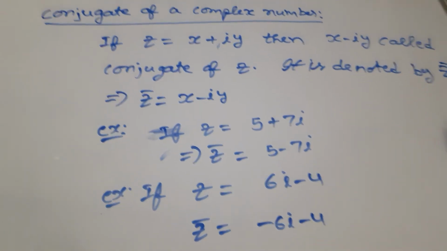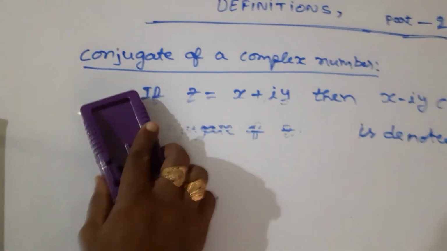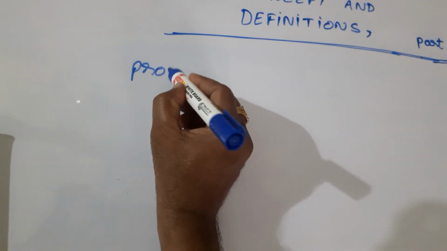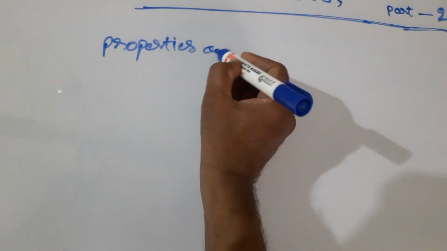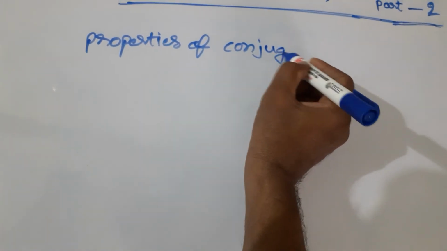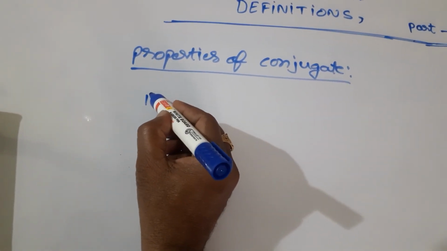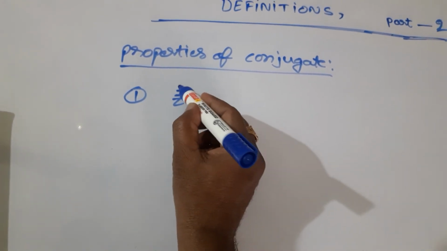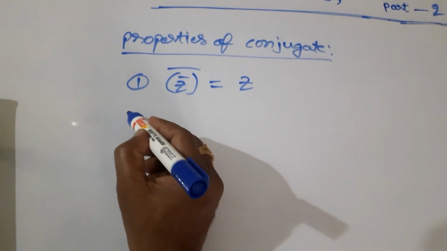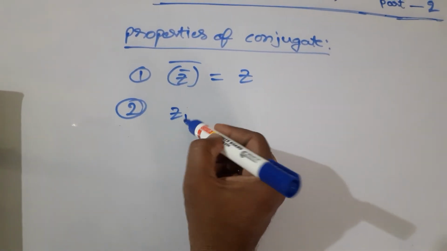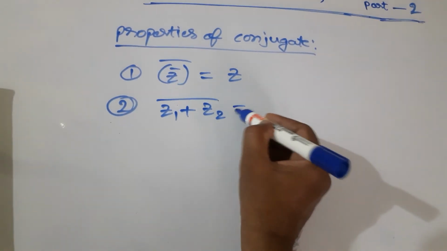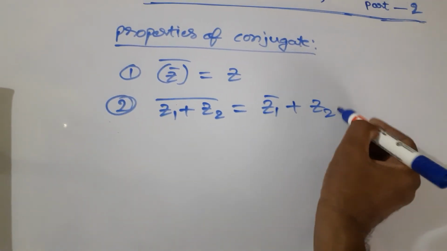Let us discuss properties of conjugate. First one, z bar whole bar equal to, again you will get z only. z1 plus z2 whole bar equal to z1 bar plus z2 bar.